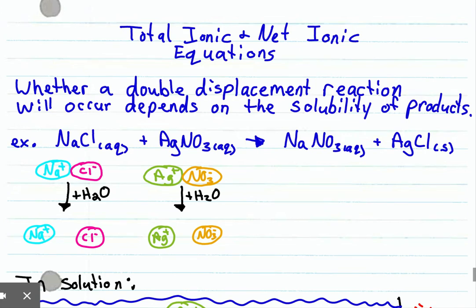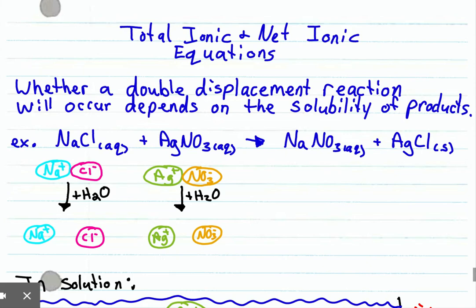So we're going to pretend that we have some sodium chloride solution, a bottle of sodium and chlorine ions floating around in water, and another bottle of silver ions and nitrate ions floating around together. So this is aqueous silver nitrate, and this is aqueous sodium chloride.